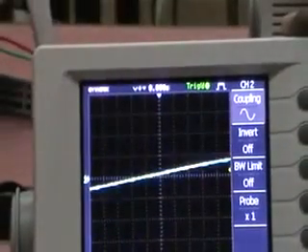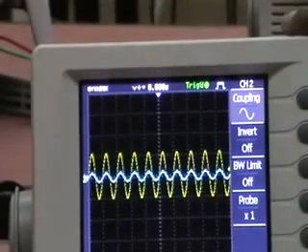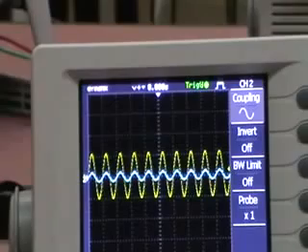By making some adjustments in time per division, voltage per division, we can observe the Vi and V0.